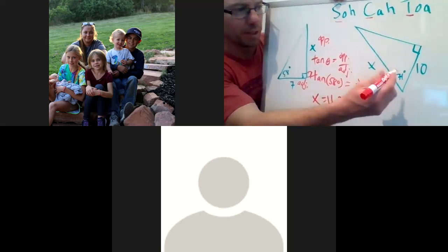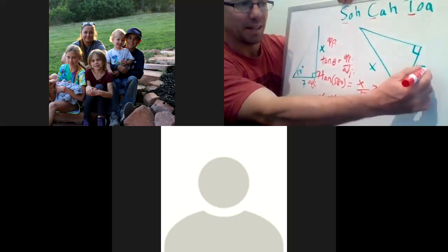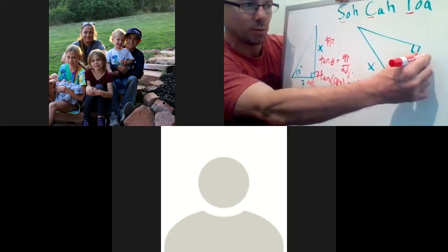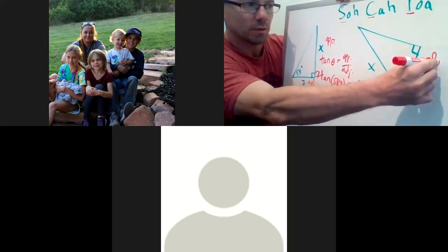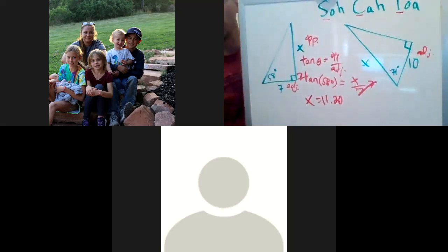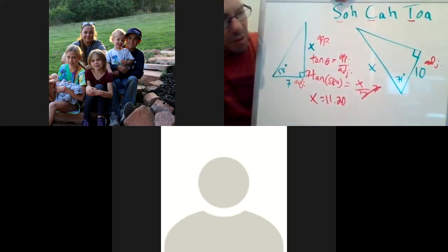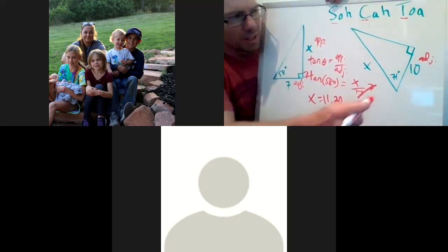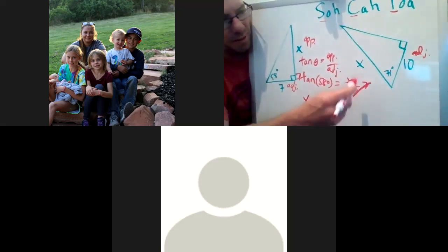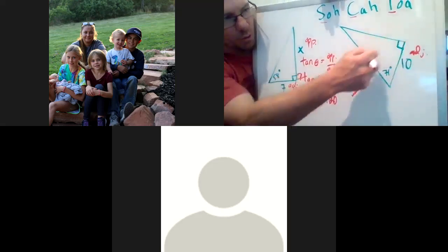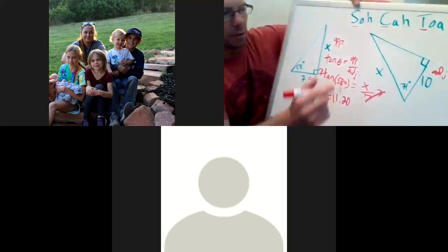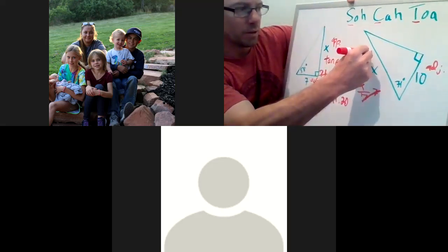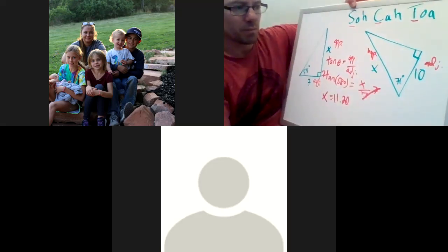So when we're labeling our sides, 10 is the one next to 71, so it's going to be the adjacent. And this is where a lot of students make a mistake sometimes: they forget that x, the side across from the right angle, is always the hypotenuse.